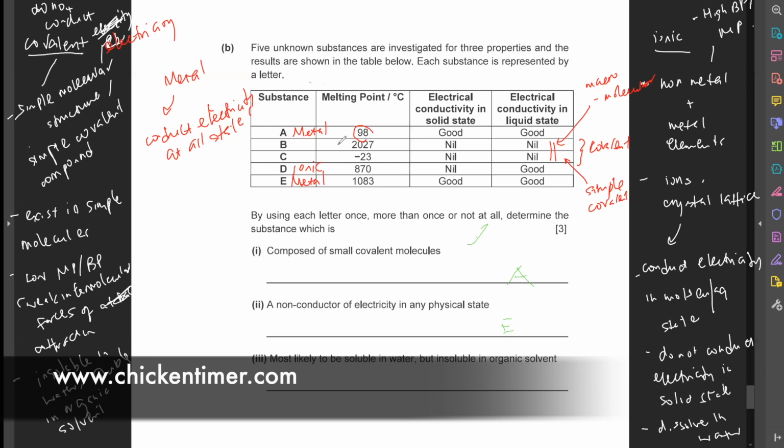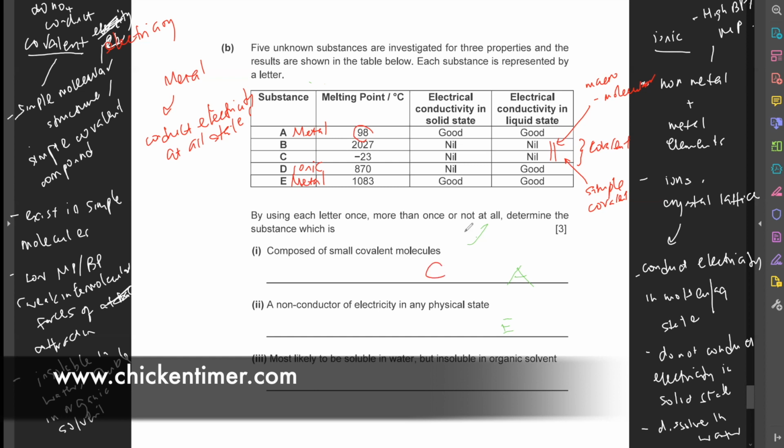So part A, which substance is composed of small covalent molecules? After so much rubbish I talk so long, do you want to change your answer? So a substance that is composed of small covalent molecules is a simple covalent compound.